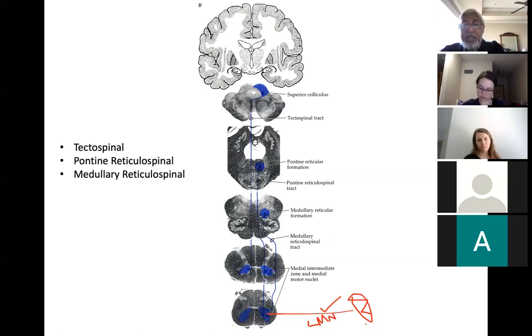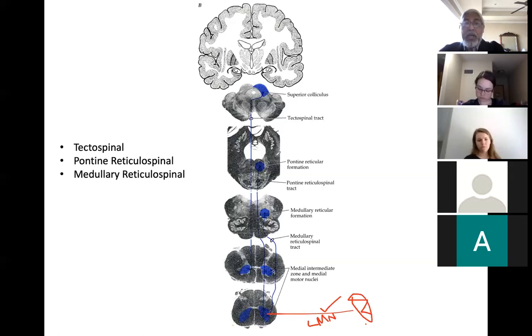If they are in the reticular formation of the medulla and go to the spinal cord, we still call it reticulospinal. So reticulospinal can be of two types: either they begin at the reticular formation of the pons, we call it pontine reticulospinal, or they begin in the reticular formation of the medulla, we call it medullary reticulospinal.